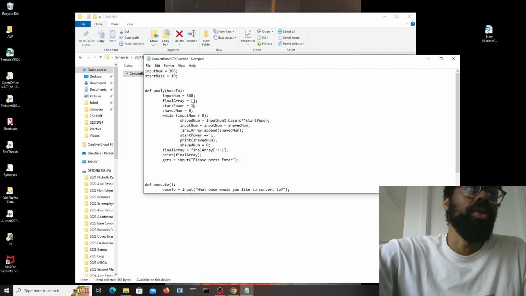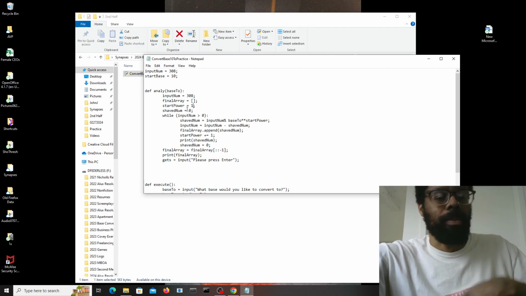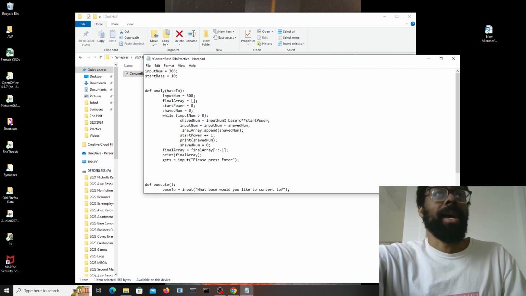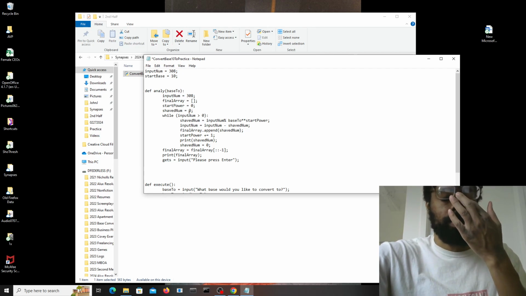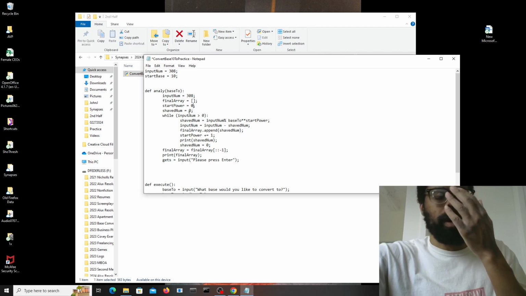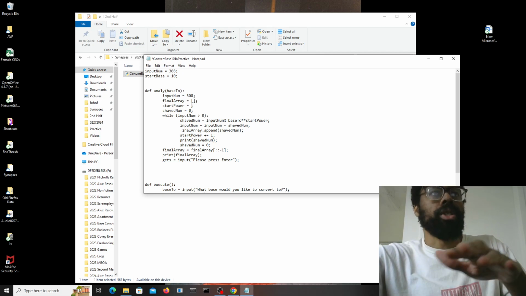So if you start power at 0, you're automatically going to have an extra 0 before the 0 position of your result.